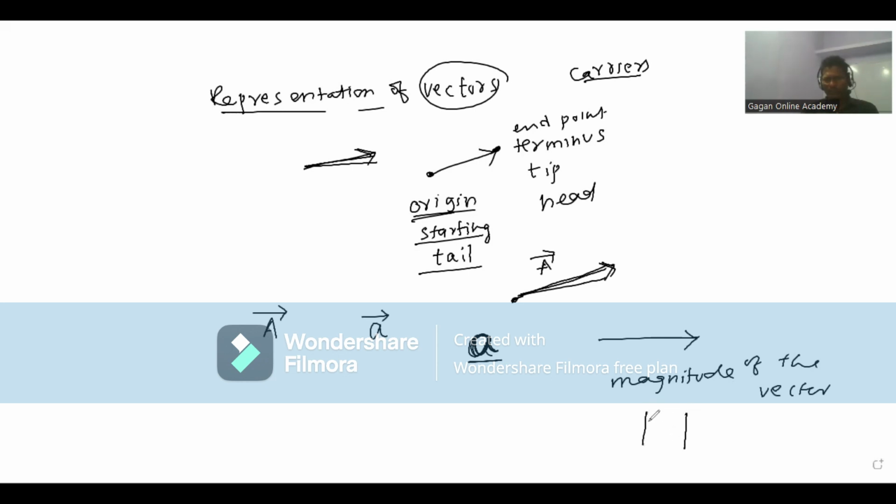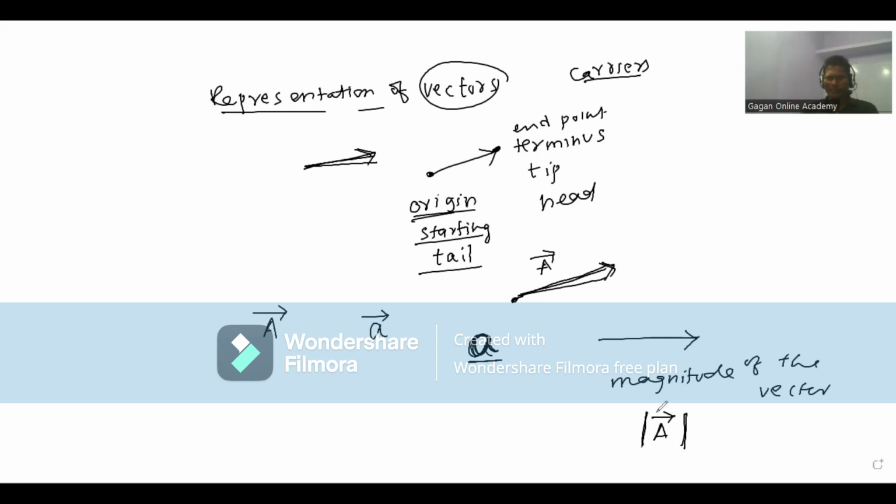We have to write modulus symbol, two vertical lines. In this, we have to put this vector name. So, modulus of vector A, we have to read it as modulus of vector A. Whenever we put this modulus symbol, two vertical lines on either side of the vector, this indicates magnitude.